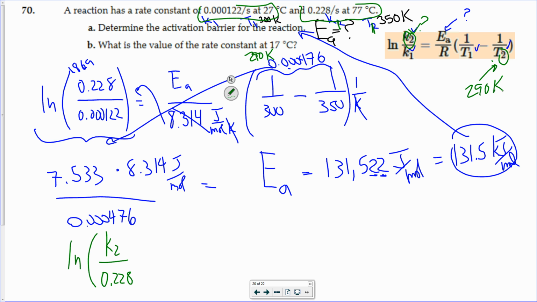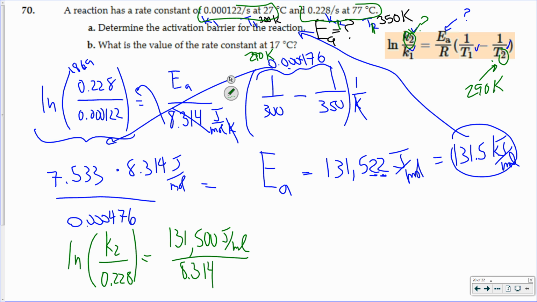So on this side of the equation, we need to put it back into our joules per mole, R 8.314. And we've got our inverse of our temperatures. So T1 is 350. So T2 that we're solving for is the 290. Everything on the right-hand side is just a number.